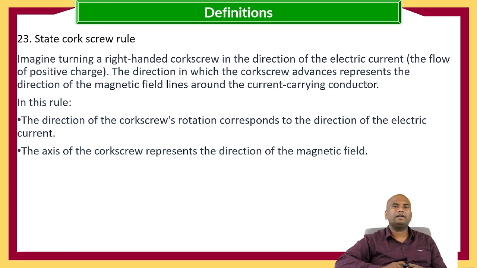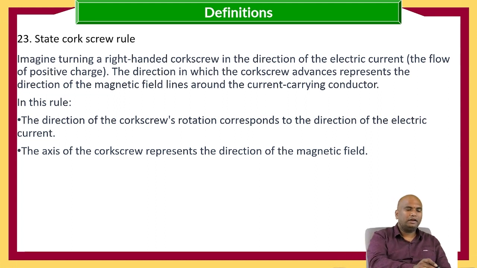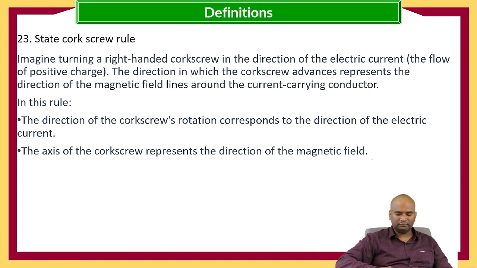If the current in the conductor is flowing in the direction of the screw, the flux is going to develop in the direction in which we are fitting it. In this rule, the direction of corkscrew rotation corresponds to the direction of electric current, and the axis of the corkscrew represents the direction of the magnetic field.